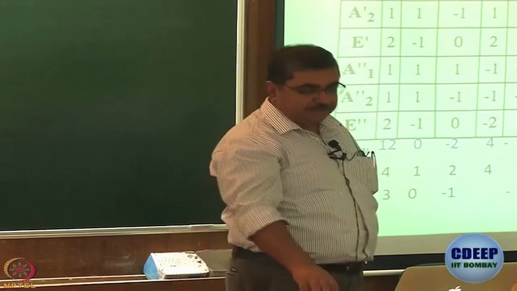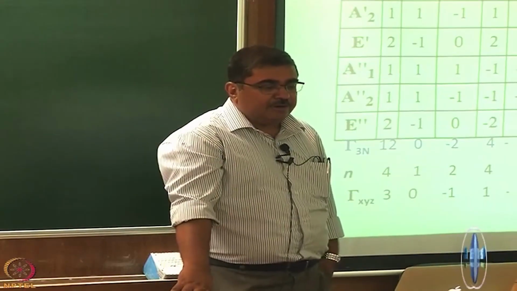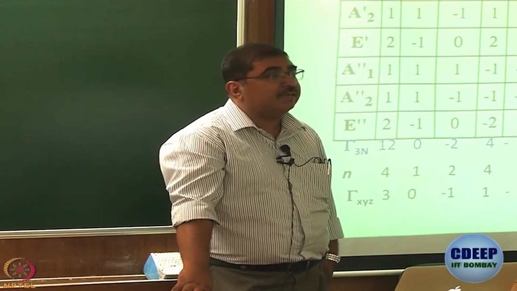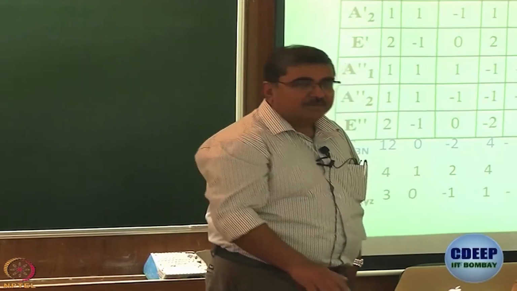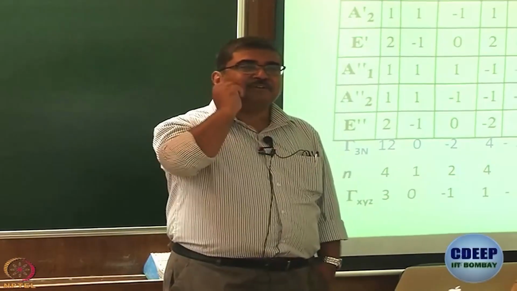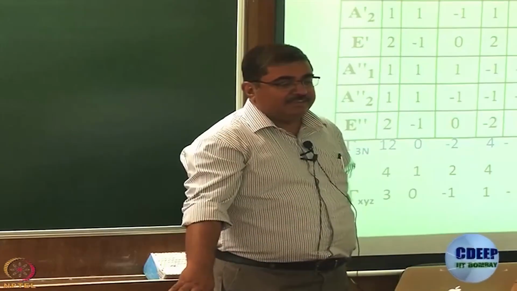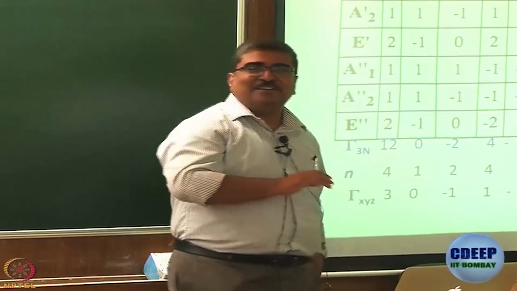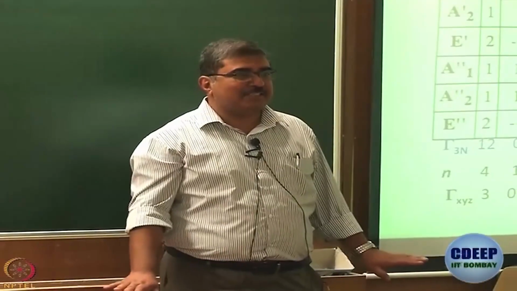Yes? 2 minus 1 equal to 1. What is the character for S3? -2? This is just addition. So, alright. What is the character for sigma V? 1. Okay? So this is gamma xyz.